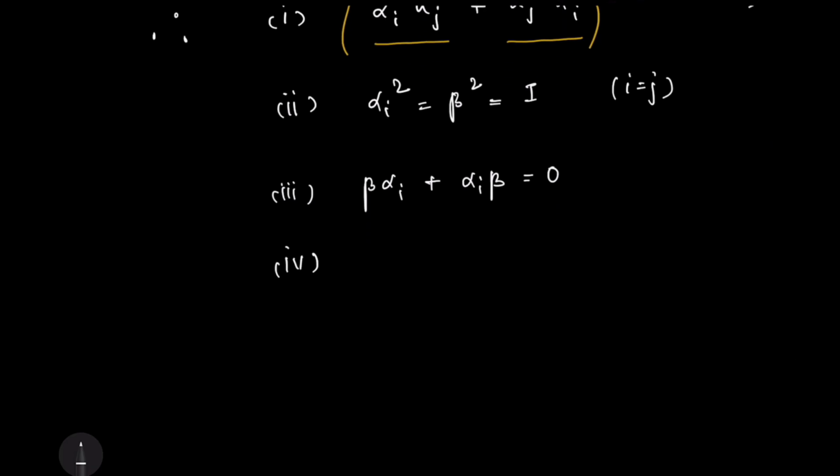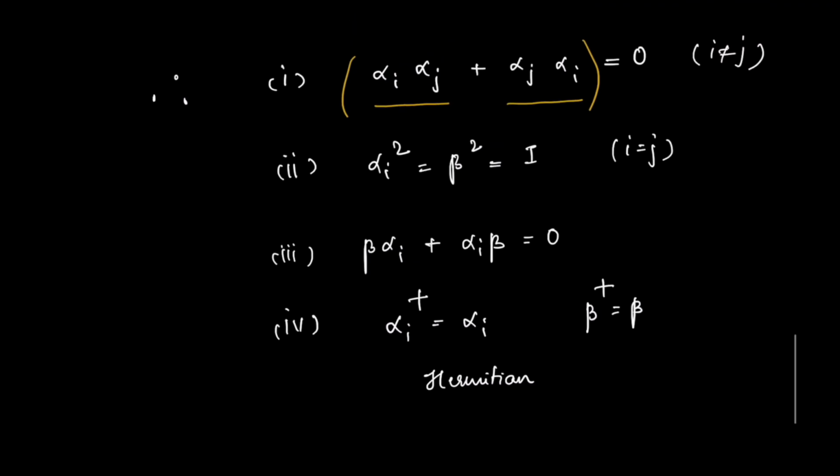Okay. And the final one we have already discussed, alpha and beta must be Hermitian. Hermitian means alpha i dagger must be equal to alpha i and beta dagger is equal to beta. So alpha and beta are Hermitian matrices. If all these four conditions are satisfied, we can have a plane wave solution. So try to find the matrices that satisfy these conditions.